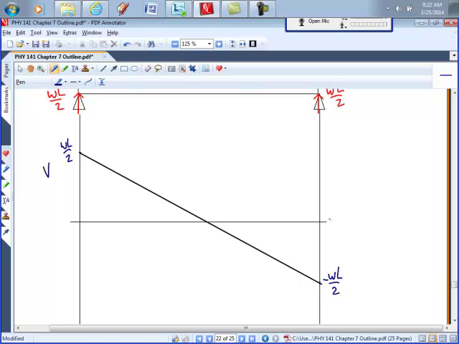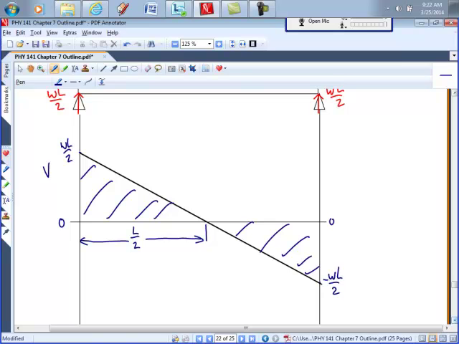And then it's going to go back up here to 0. Okay, so the maximum shear for the distributed load is going to be at the ends. At each end it's WL over 2. At the center it's going to be 0.